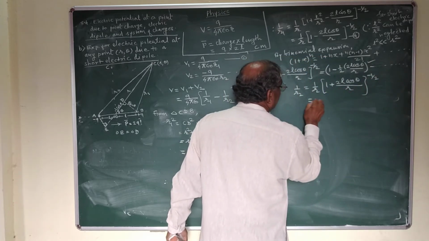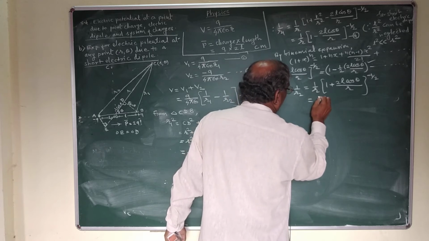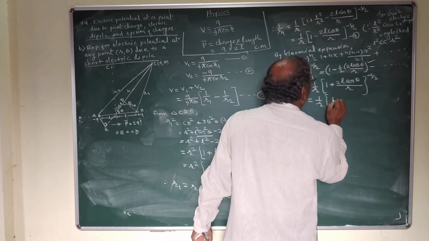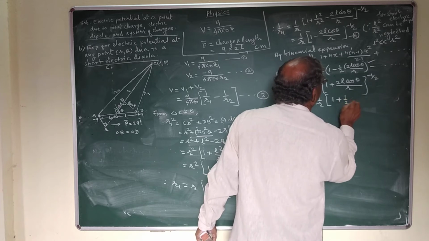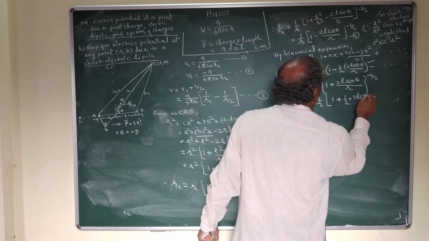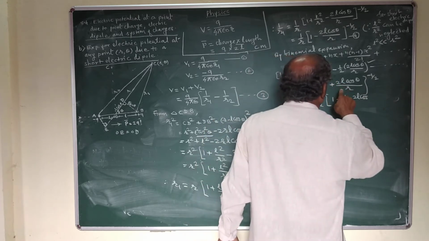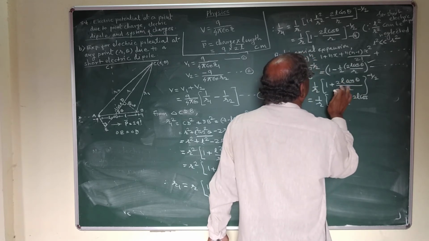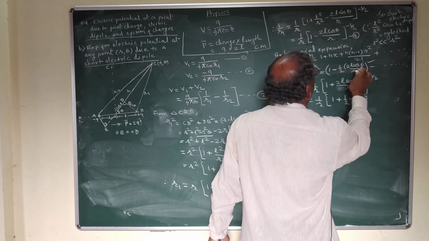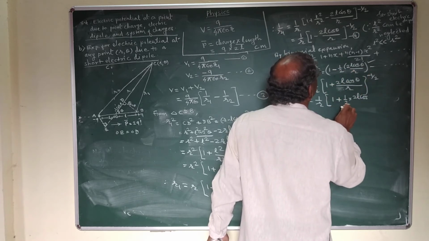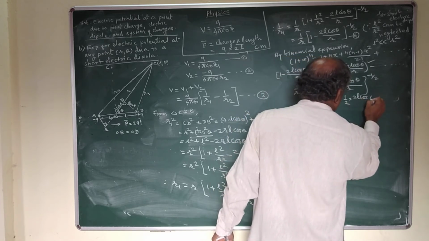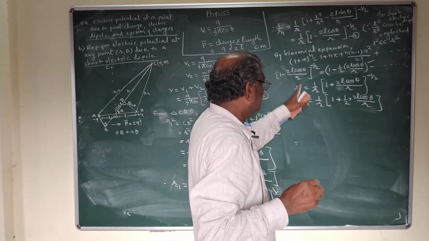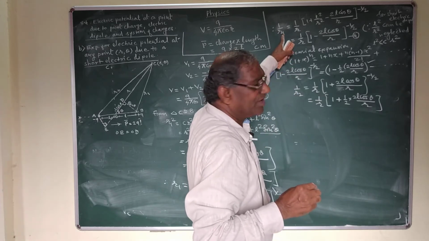Using binomial expansion, we get 1 upon R in bracket 1 minus half into 2L cos theta upon R, sorry, 1 plus half into 2L cos theta upon R. This is the first approximation. This is the value of 1 upon R2 and this is the value of 1 upon R1.